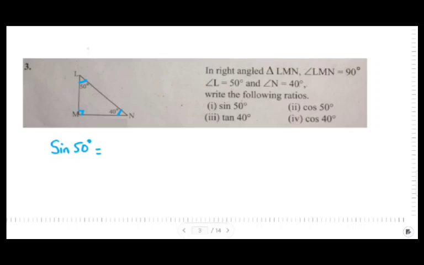So again, SOH CAH TOA, yes. So opposite of sine 50 is MN upon hypotenuse, which is LN. Yeah.